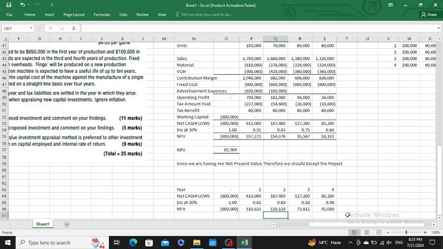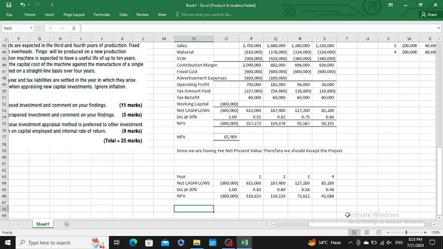Then adding up the net present value, we would get, sir, negative 44,329.